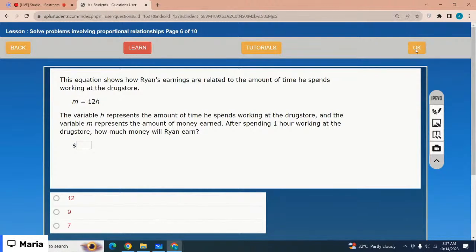Okay, the equation shows how Ryan's earnings are related to the amount of time he spends working at the drugstore, that is M equals 12h, sorry. The variable h represents the amount of time he spent working at the drugstore, and the variable M represents the amount of money earned.